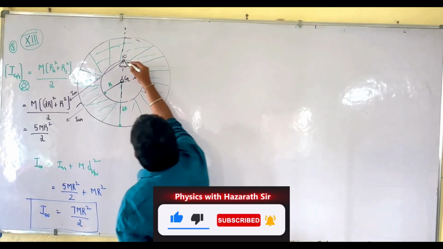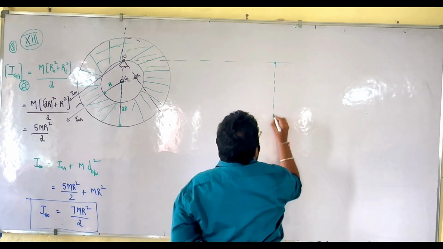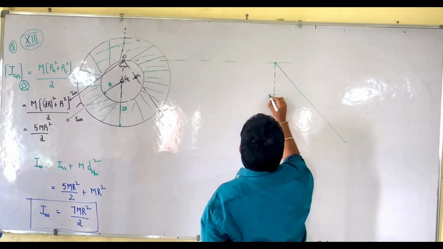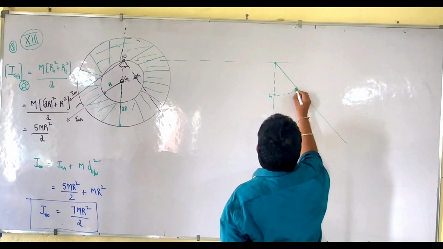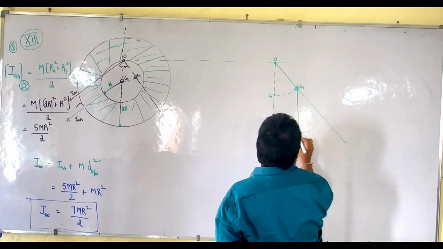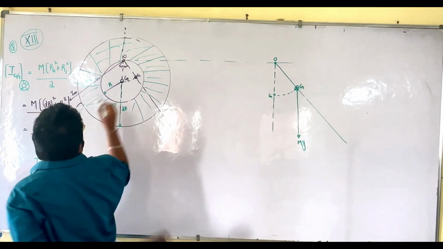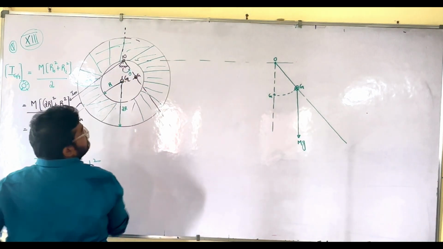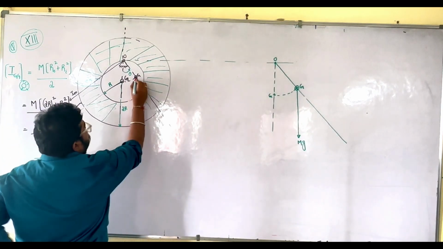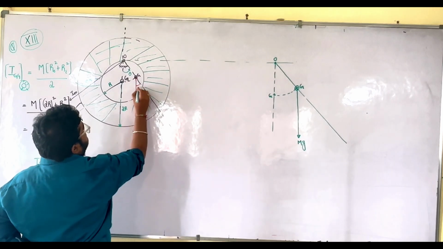Here to here, this is the pivot. Entire part, here it is G. Before G, it will go here. This will be G. Weight always acts in the vertically downward direction.